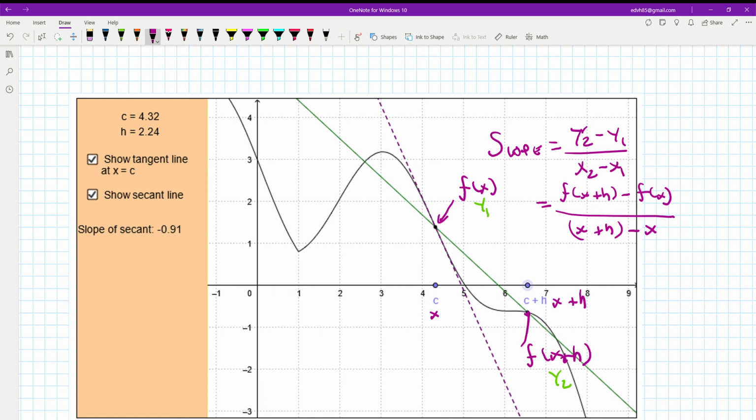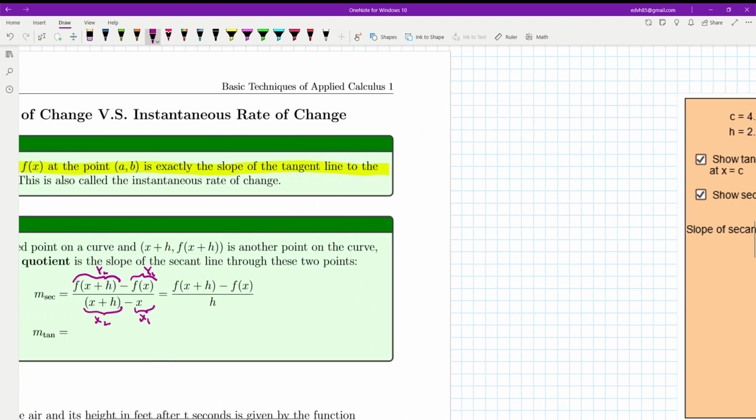In this case, notice how these two x's go away, leaving us with f of x plus h minus f of x divided by h.